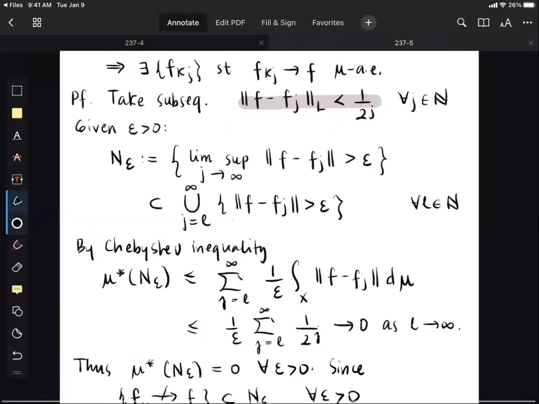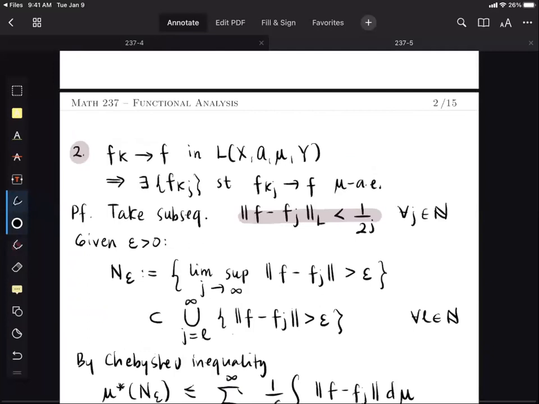To summarize the two remarks, the second one: if you have a convergent sequence in the space of Lebesgue-Bochner integrable functions, then you can find a subsequence wherein you have convergence almost everywhere.